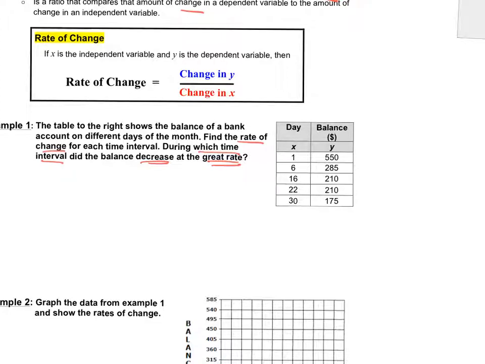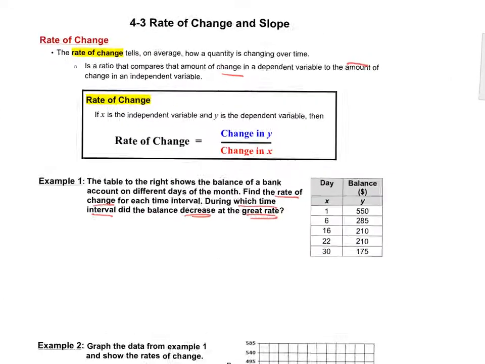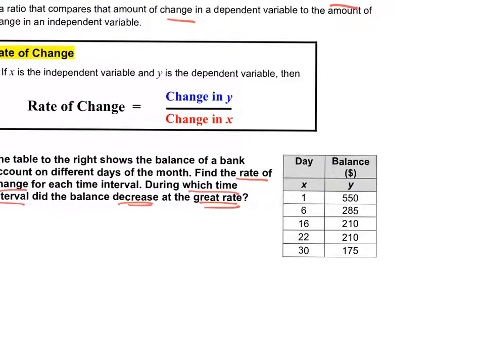If we look at the change of y, we notice that from 550, I went down to 285. That change was 265. It was a 265 decrease. The amount of days went up by 5.